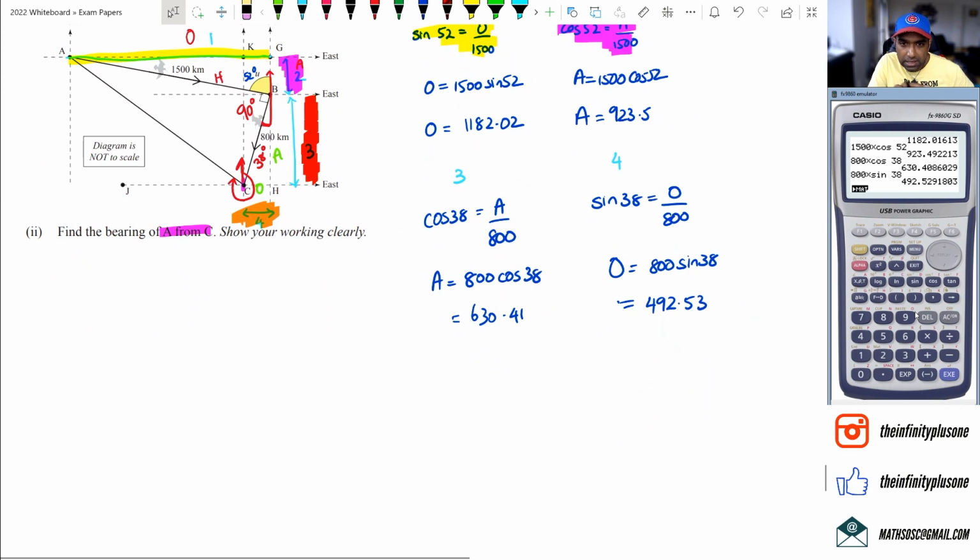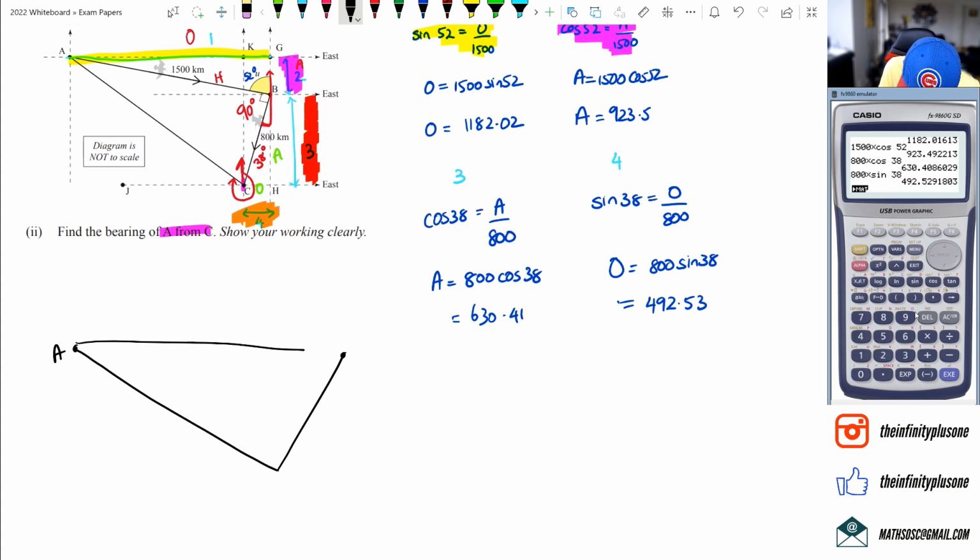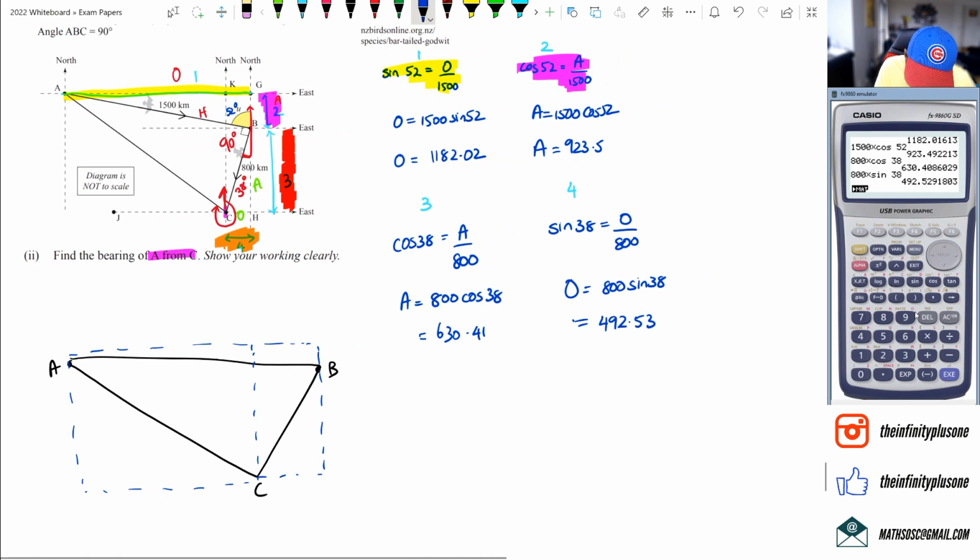Okay, so you might be wondering, why did I get all of those numbers down? Now we're going to draw this diagram again, and we've got A. It's probably my worst diagram, but it's not too bad. And then we've got all of these measurements here. So this top distance is going to be 1182.02, that's the yellow part, this top big line.